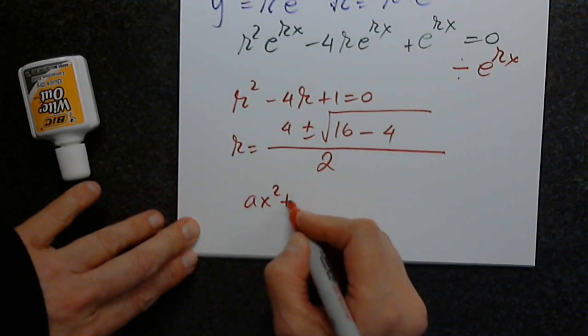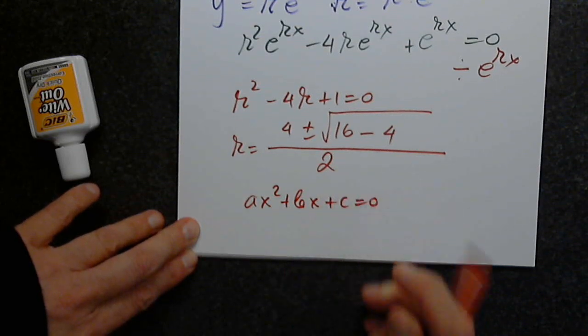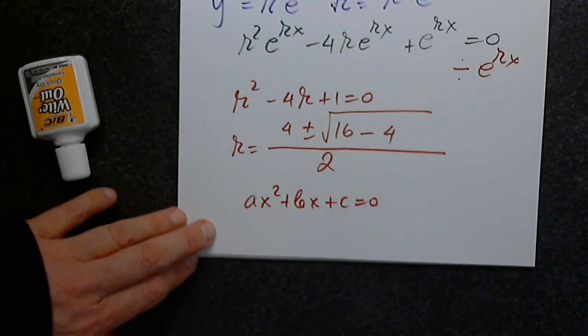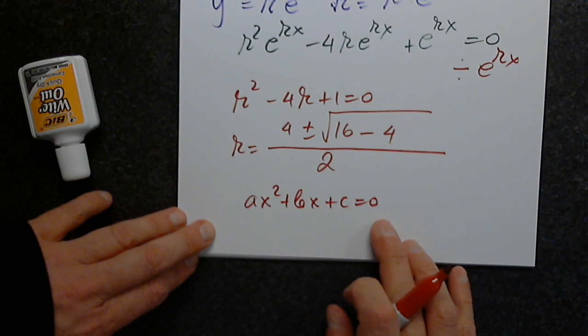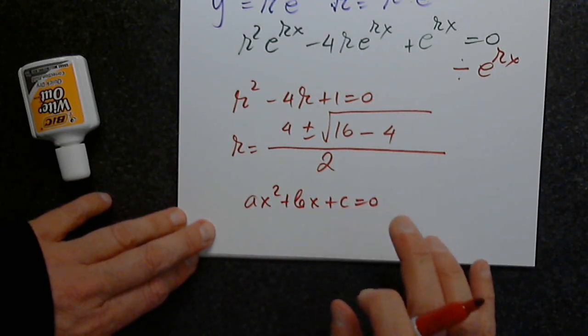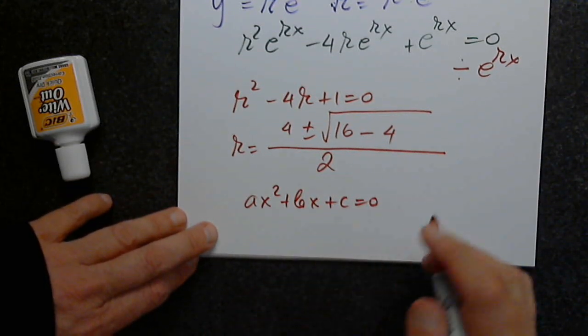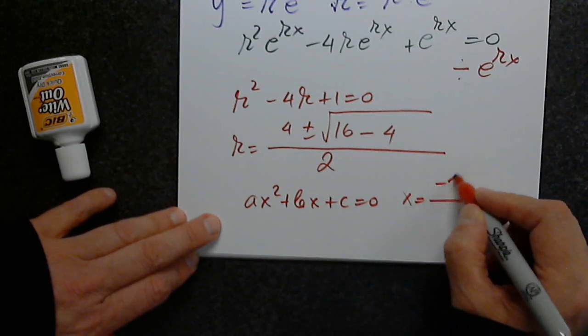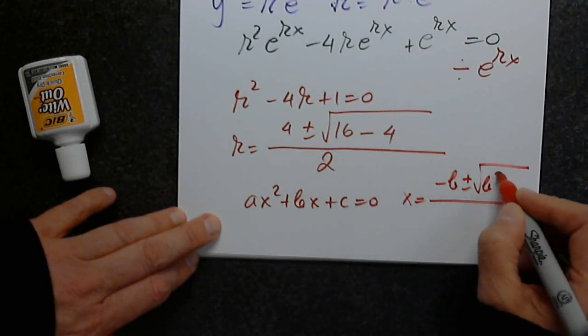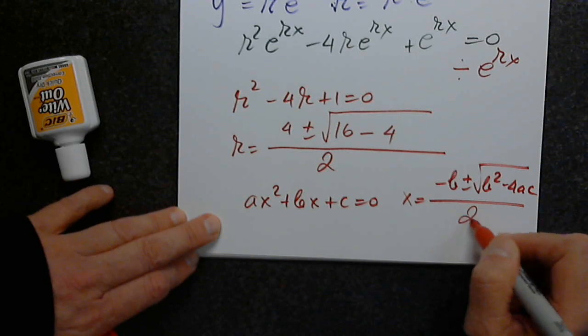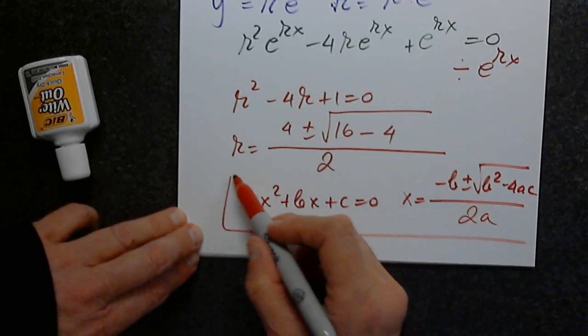In the case of the equation ax squared plus bx plus c, this is mandatory: set up like this, in descending order, with an equal sign and 0. Only in this case I can write negative b plus or minus the square root of b squared minus 4ac over 2a. These go together.